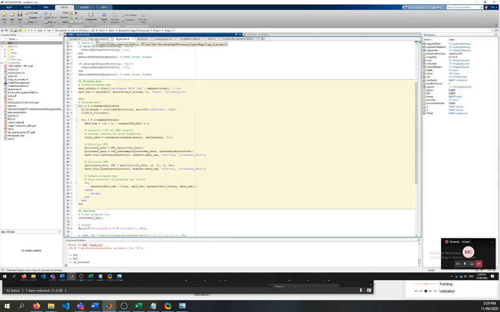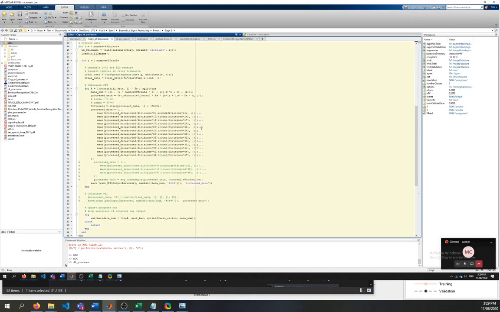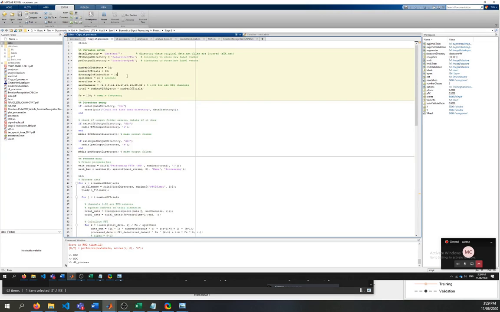So we go to this one. After we'd run the neural network a bunch of times and gotten subpar results, we got recommendations from Kari to split the data into chunks of 6 seconds.